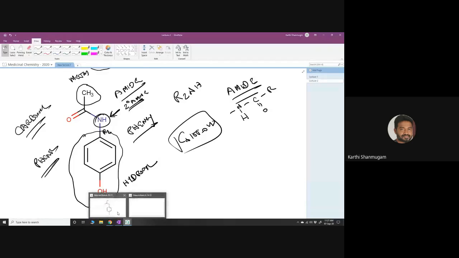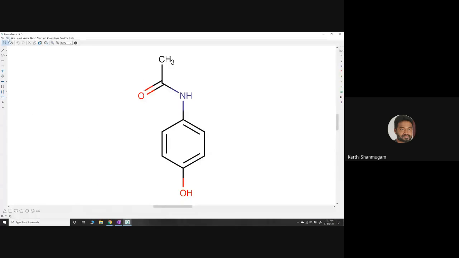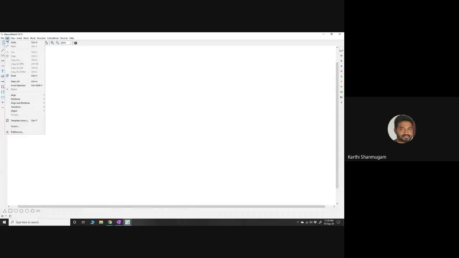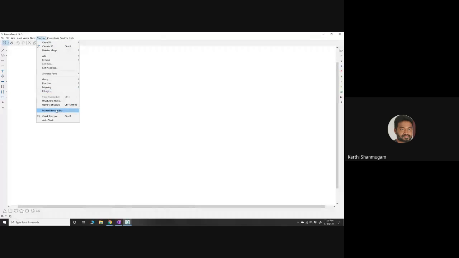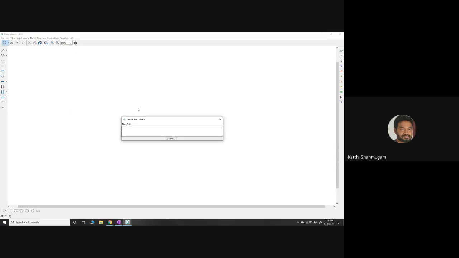Okay, so we'll take a little more complex structure. Do you know which molecule is used for coronavirus as an antiviral drug? What's the name of the molecule? Is it hydroxychloroquine?